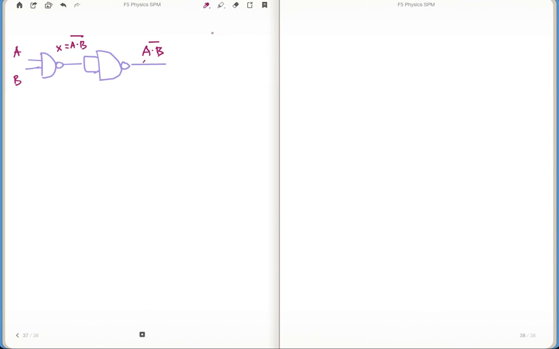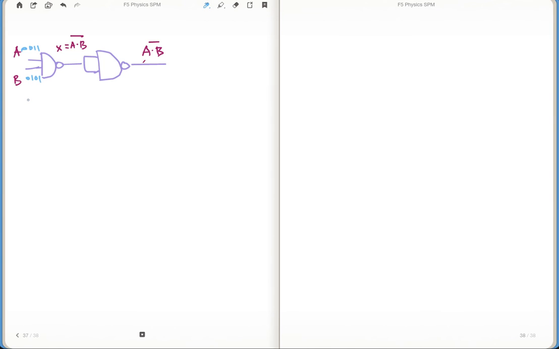Another thing you might want to do is first to feed in the signal. Say here the input will be 0, 0, 1, 1 and 0, 1, 0, 1.